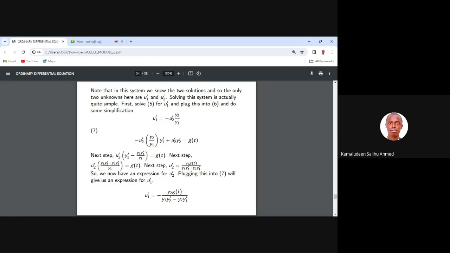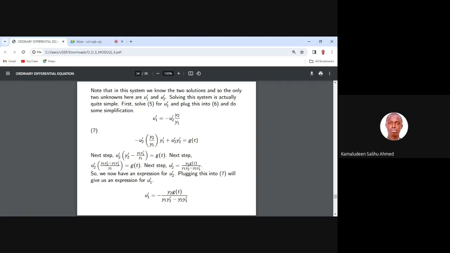Then from there, you can take the LCM, and the LCM is y1. After taking the LCM, you multiply both sides by y1, so that the y1 here will be gone and you'll be left with this equal to y1 g of t.